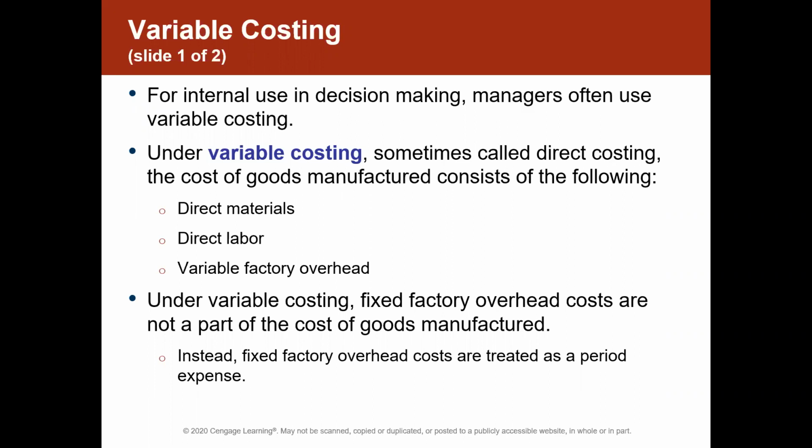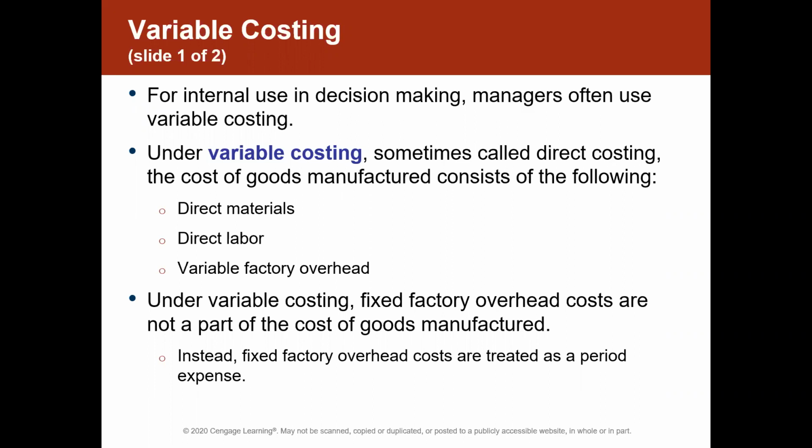But that may not be the best way of making decisions. As we walk through the next several slides, we'll see an example of why using absorption costing might lead us to a very poor decision for the actual health and well-being of our company.